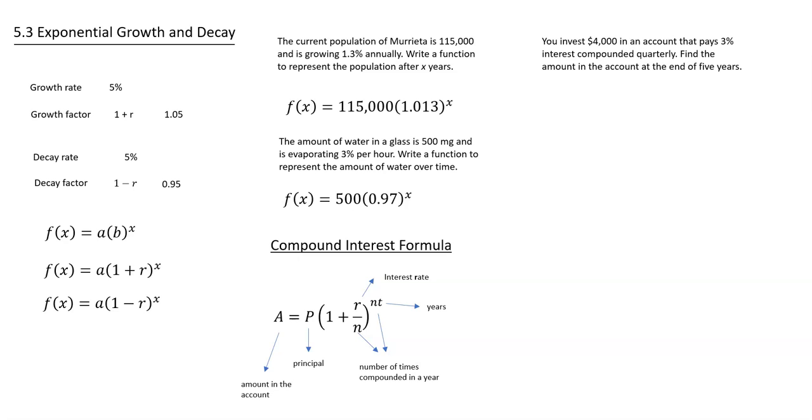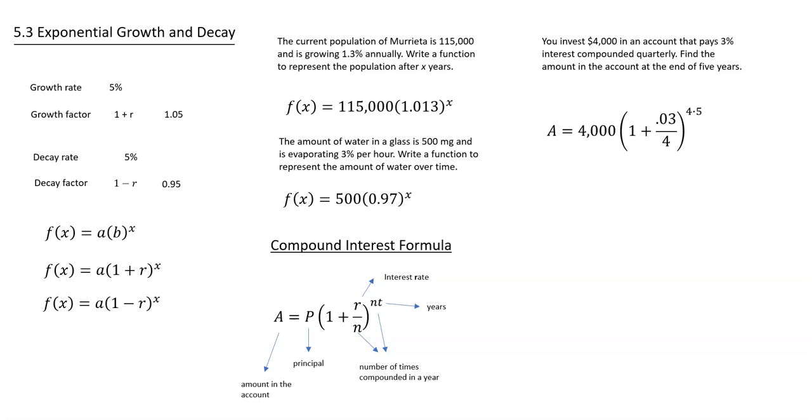So for example, you invest $4,000 in an account that pays 3% interest compounded quarterly. Find the amount in the account at the end of 5 years. Well, our principal, our initial amount, is 4,000. Our rate is 3%, or 0.03. Since we're compounding quarterly, that's 4 times a year. And then we're doing that for 5 years.